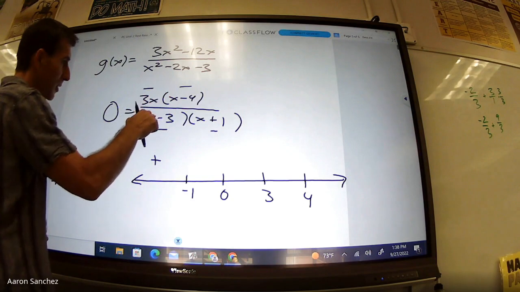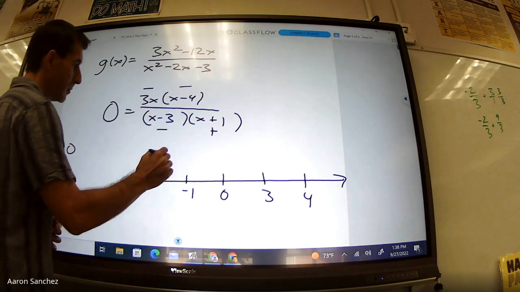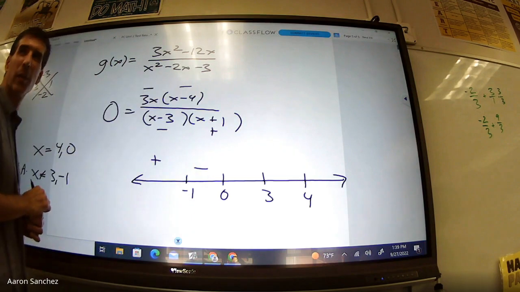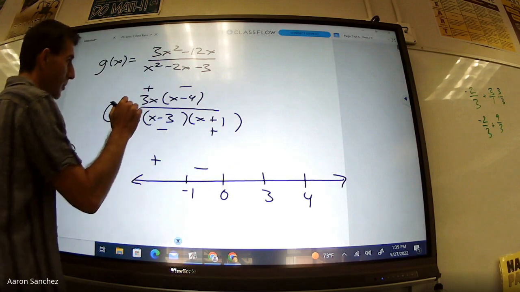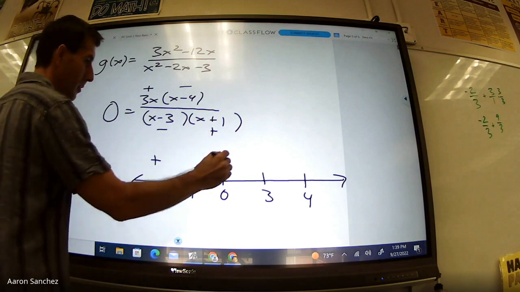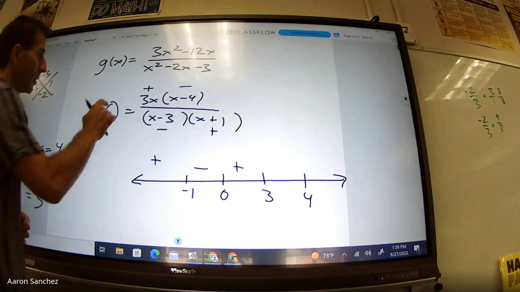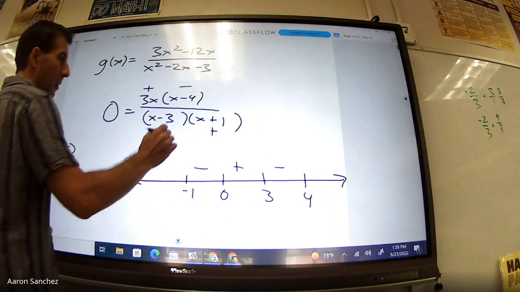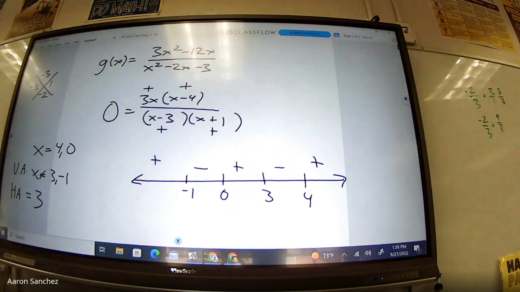Negative, positive. I got a negative. I got 3. It's hard to see because it's all black. 1. Positive, negative, positive. Positive. 3.5. Positive, negative, positive. Negative. 1,000,000. I think we have all the information we need.